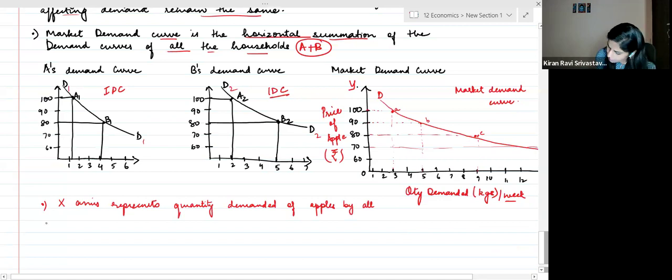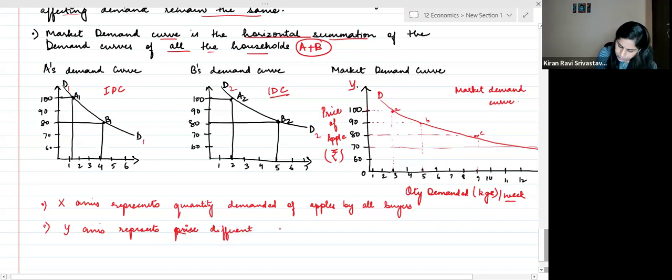Then second, the Y axis represents different prices of apples at which the buyers are willing to buy.